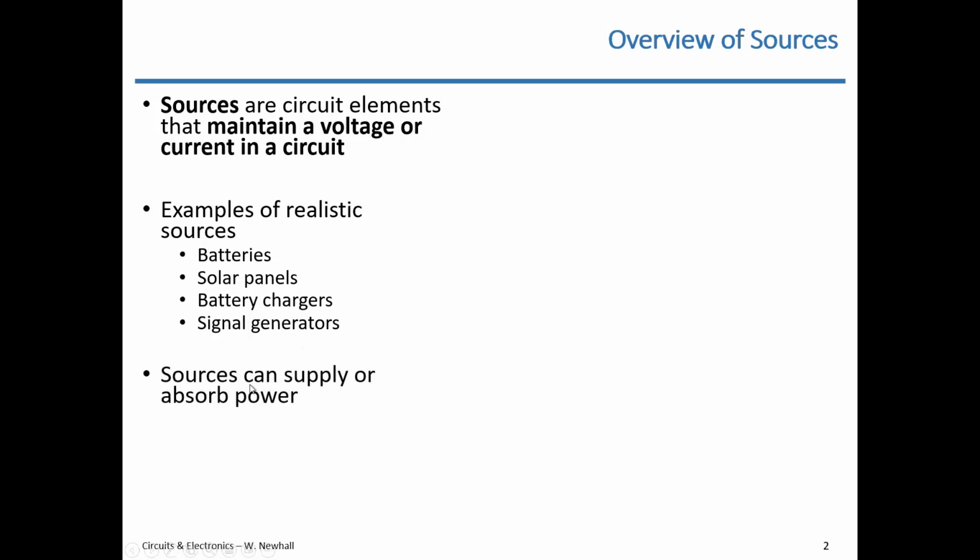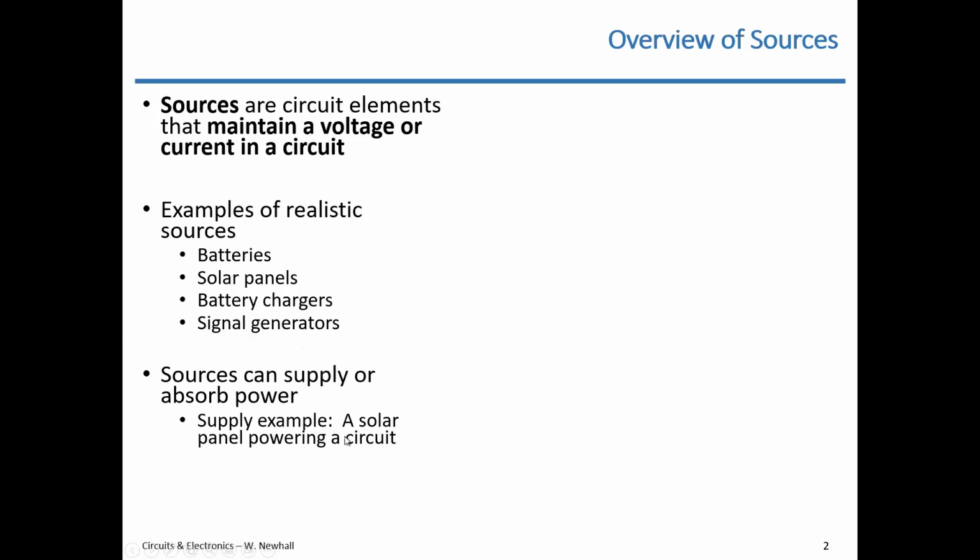And one thing that's not so obvious is that sources can supply power. That makes sense, like a battery supplies power, but a source can also absorb power. So, for example, a solar panel powering a circuit. You put up a solar panel, you're powering an amateur radio, and probably with a battery connected also.